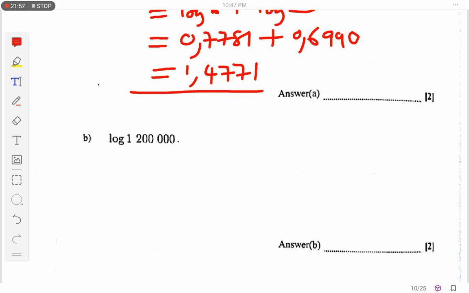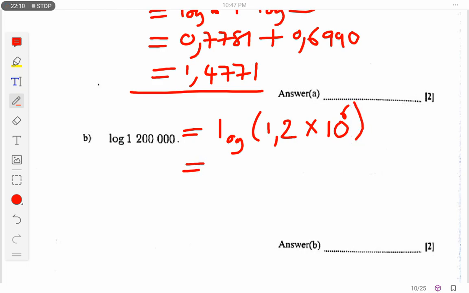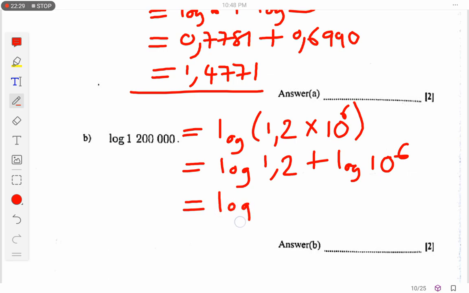Then the next one, log of a very big number, but anyway, let's do it. We can write this as log of 1.2 in standard form times 10 to the power of 6. Because they are multiplying, this is the same as log 1.2 plus log 10 to the power of 6. Remember the law, when you are multiplying, you simply take the power down. Also I can write 1.2 as 12 over 10, so log 12 over 10 plus 6 log 10.